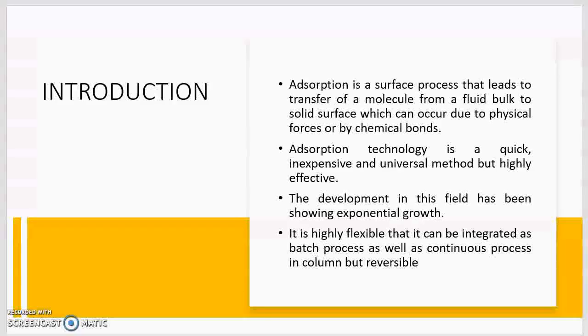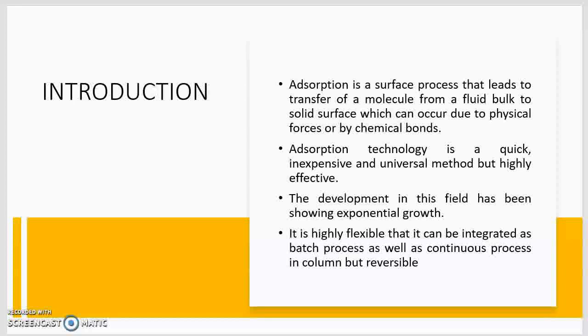Basically, adsorption is a surface process that leads to transfer of a molecule from a fluid bulk to a solid surface, which can occur due to physical forces or biochemical bonds. This concept has been used widely because adsorption technology is a very quick, inexpensive, initial method, but is very highly effective.